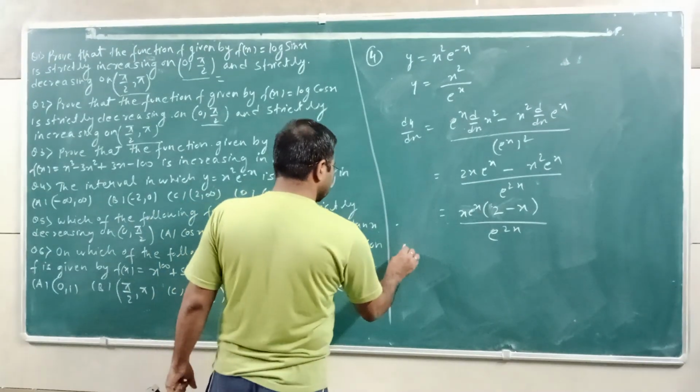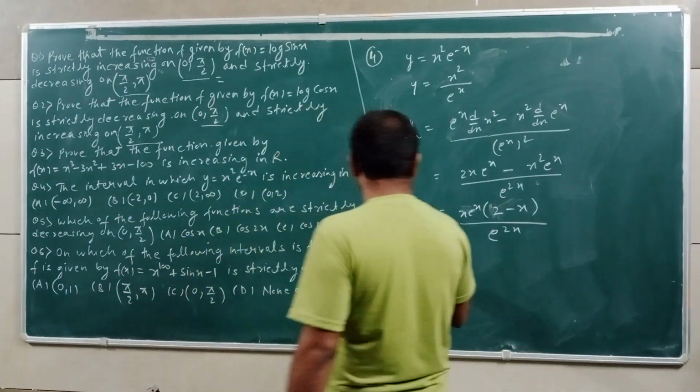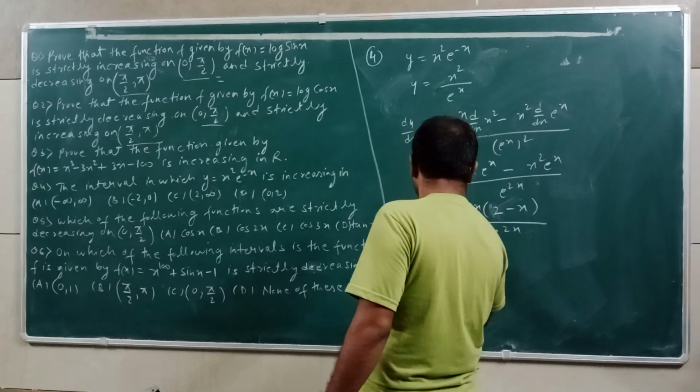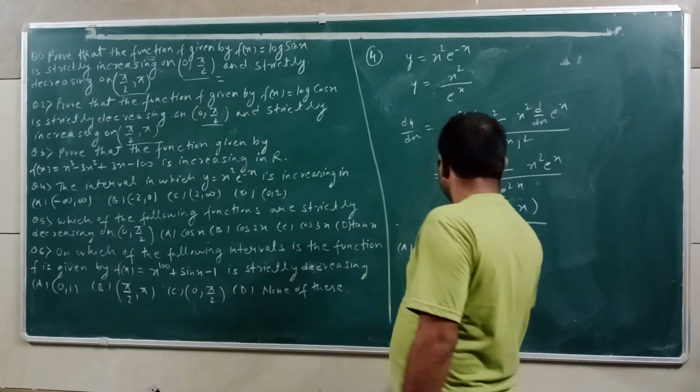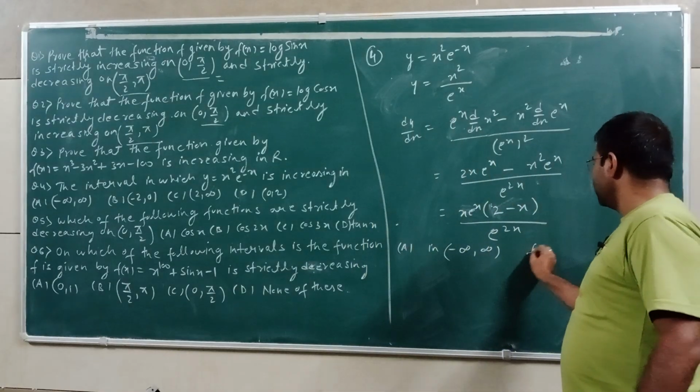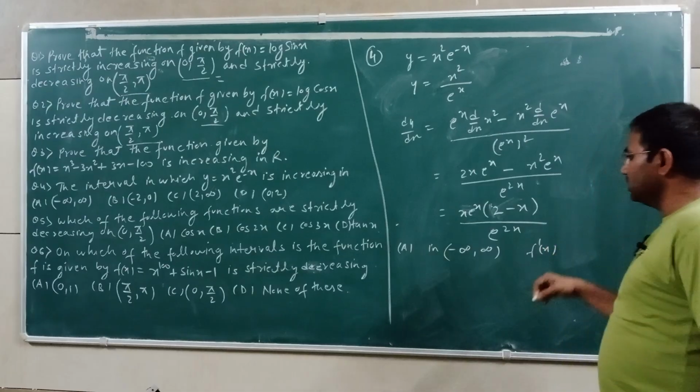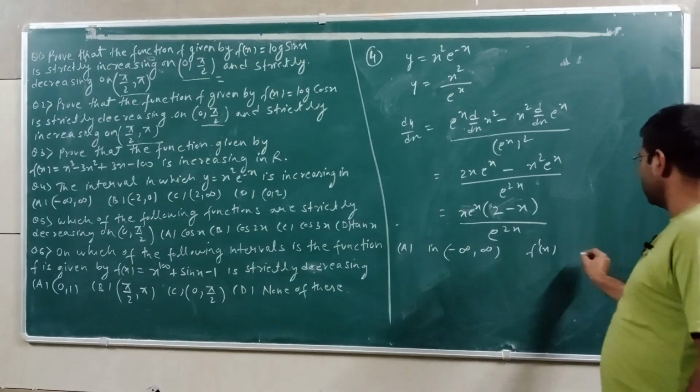So let us check the first one. The first one is minus infinity to infinity. Suppose you take x equal to minus 1.